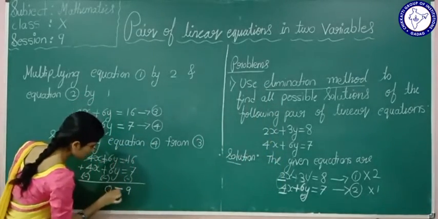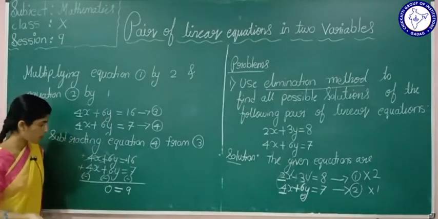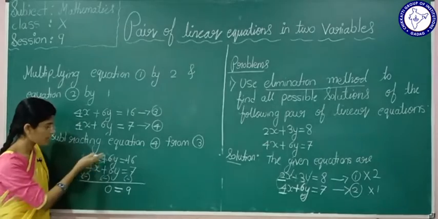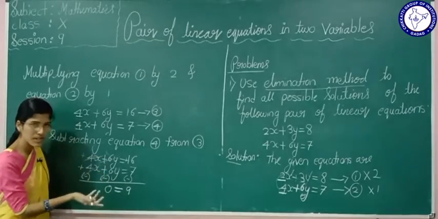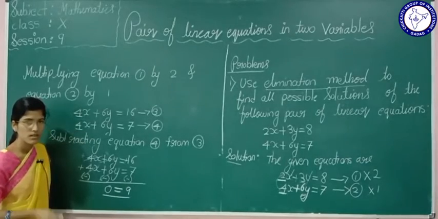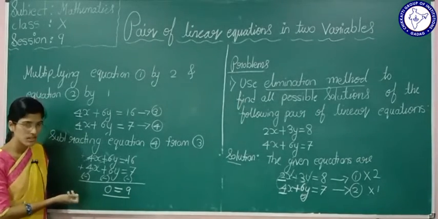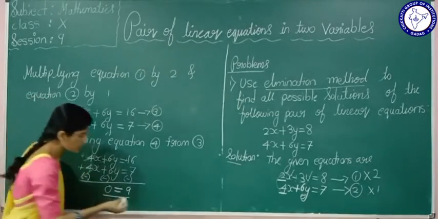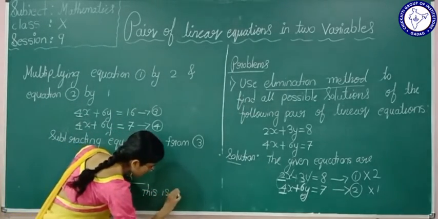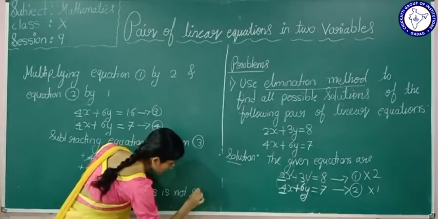Now see here, actually I want to eliminate x, but here y is also eliminated. Now tell me, is 0 equal to 9? Is it possible? This is not possible.